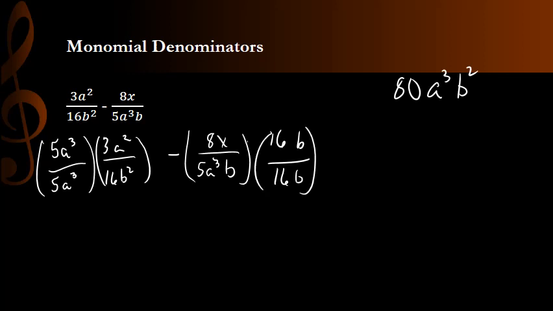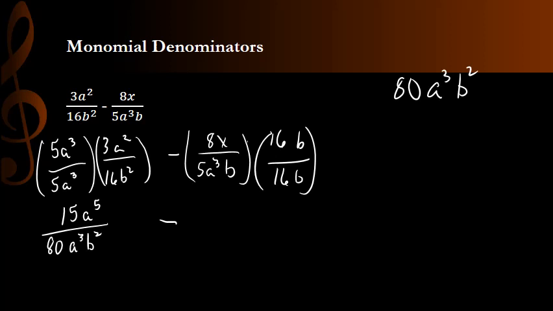All right, let's start over here on the left. Numerator times numerator. 5a cubed times 3a squared is 15a to the 5th over, well, 5 times 16 is 80, and I've got a cubed b squared.